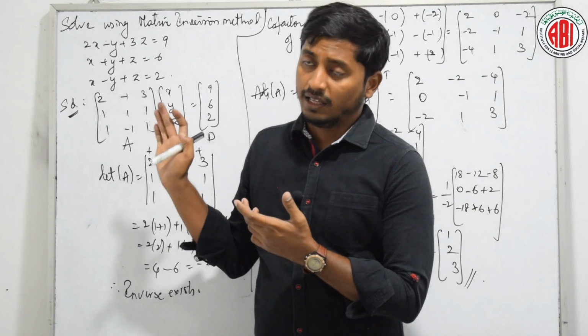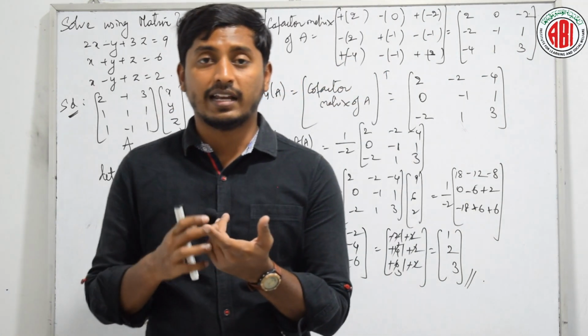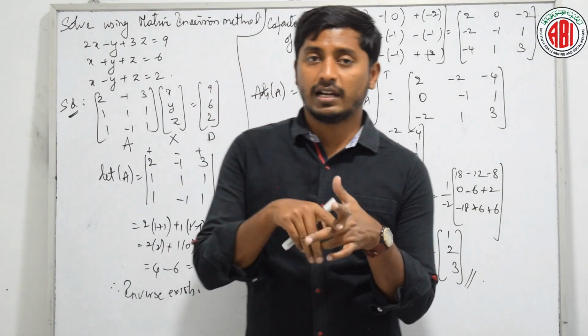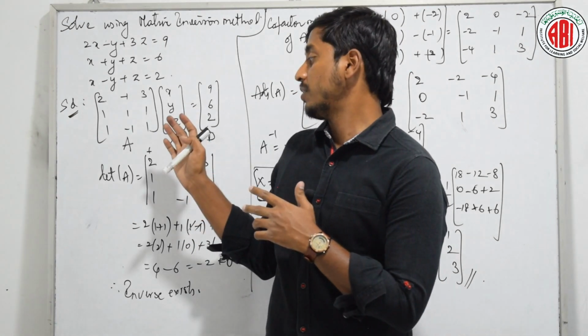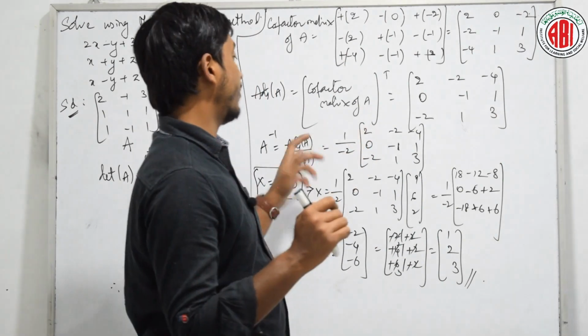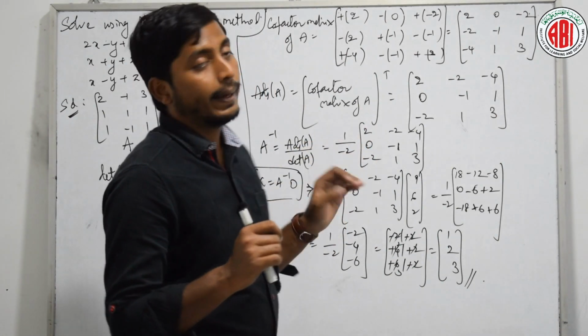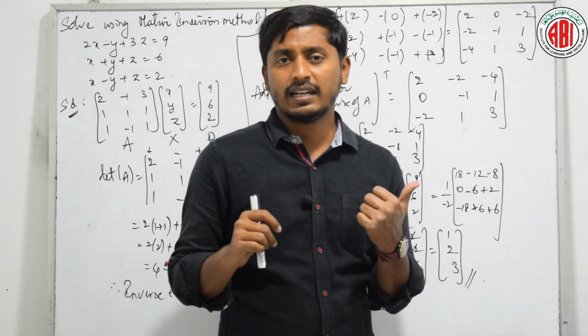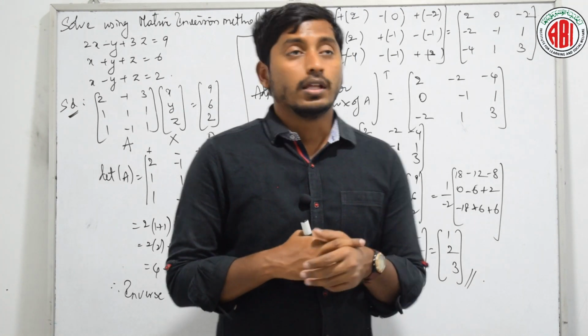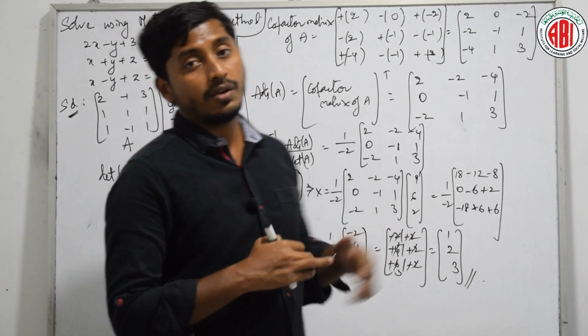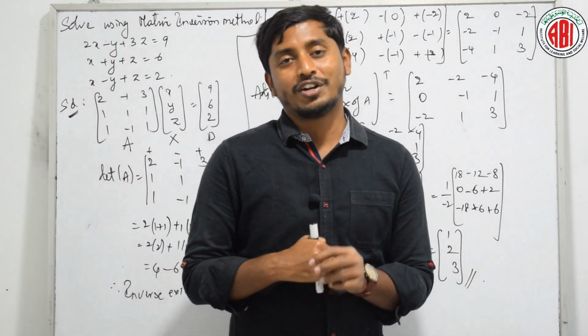Is it right? Then I will get the values of x, y, z as delta 1 by delta, delta 2 by delta and delta 3 by delta. Similarly, in the matrix inversion method also we find A inverse and multiply with the constant matrix. Is it clear? In the next session we will learn how to solve equations using the Gauss-Jordan method.